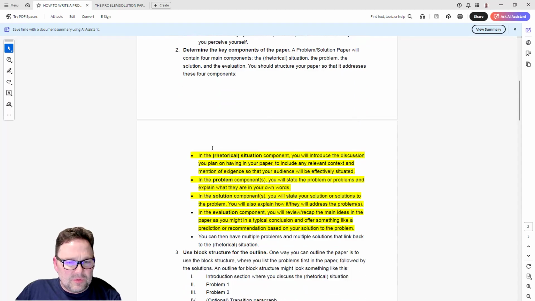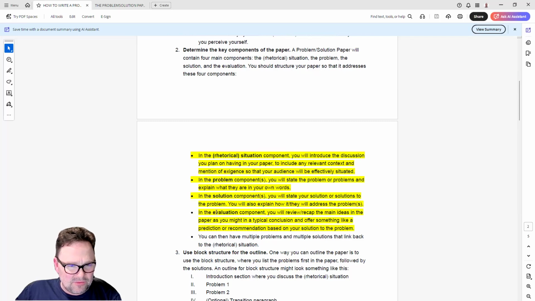So these are some of the key components. As we'll see, probably this week or especially or definitely next week, if not this week, a lot of times when you go and look up, for example, online, how to write a problem solution paper, you're going to get things like this. What's the situation? What's the problem? What's the solutions?